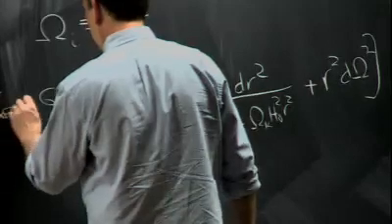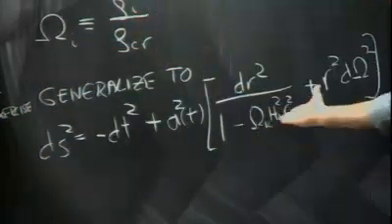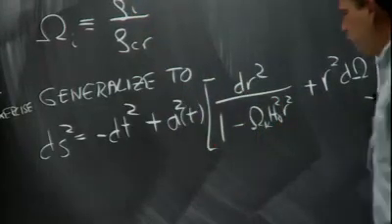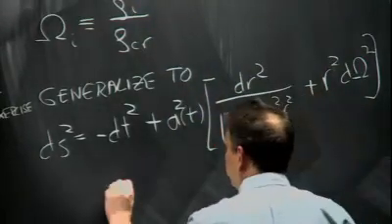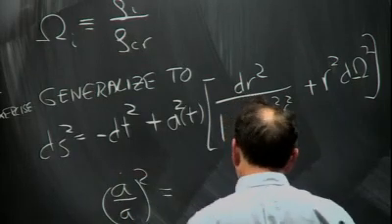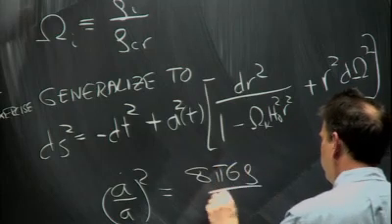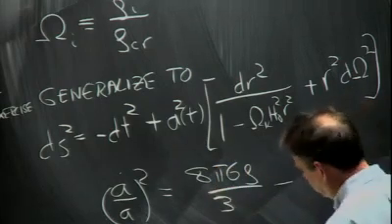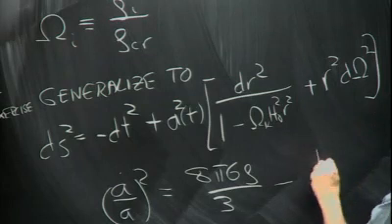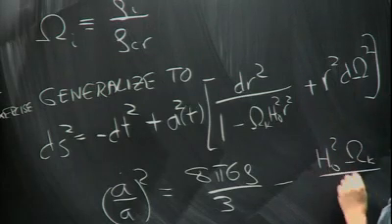You should be able to show, doing the exact same steps, although slightly more complicated metric, that the Friedmann equation generalizes to a dot over a squared is equal to 8 pi g rho over 3 minus h naught squared omega k over a squared.